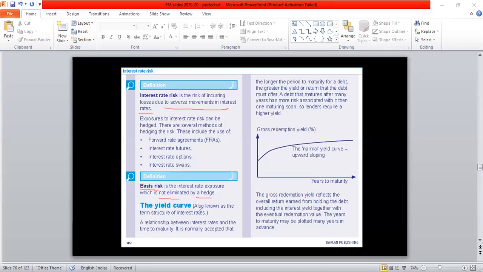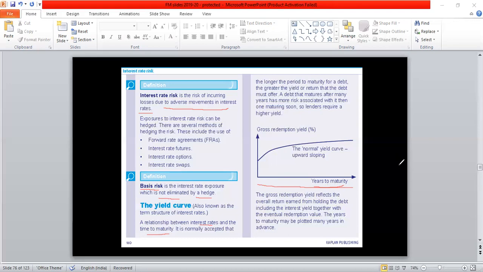The yield curve, also known as the term structure of interest rates, is a relationship between interest rate and the time to maturity. So the two variables are mentioned: time to maturity, which is presented on the x-axis. As the time period keeps extending, years to maturity, for a shorter period of time the benefit that can be derived is lower.